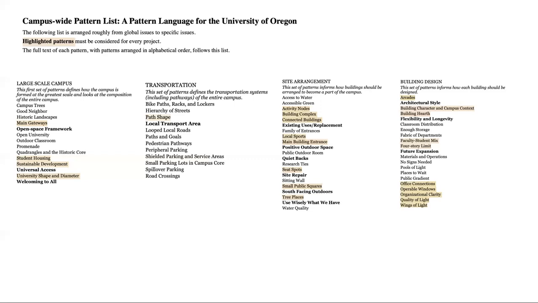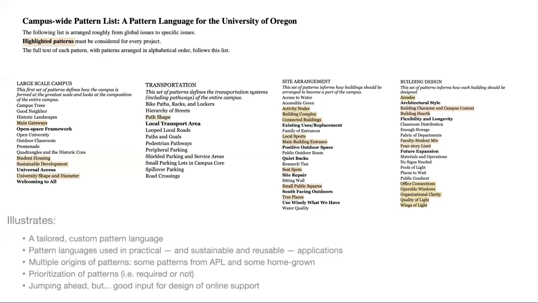This illustrates all of the patterns that they use, and they used the pattern language for a specific purpose, which was the master plan. Okay, so anyway, these are the patterns. This also illustrates some of the ways that people have used patterns.